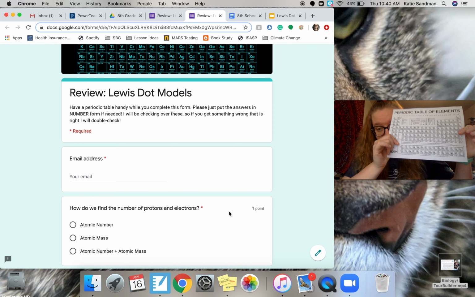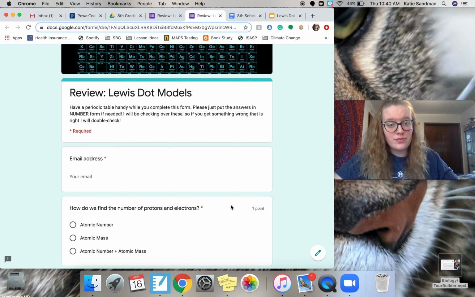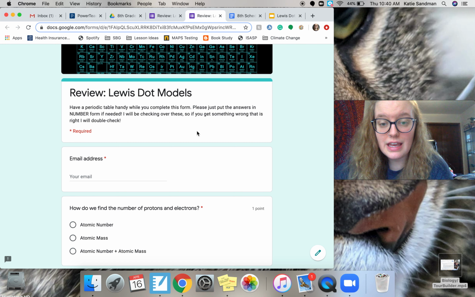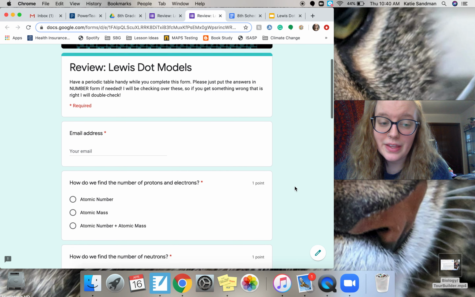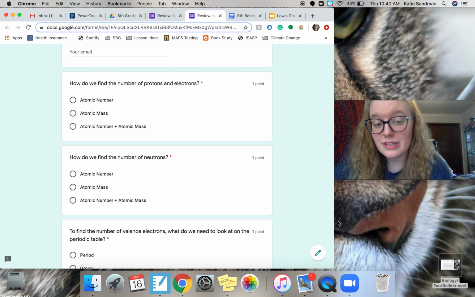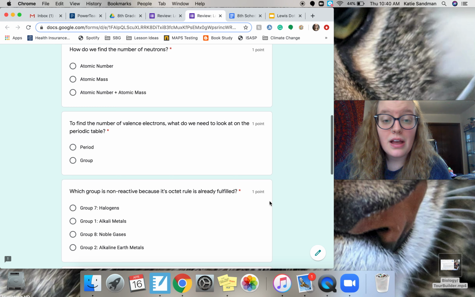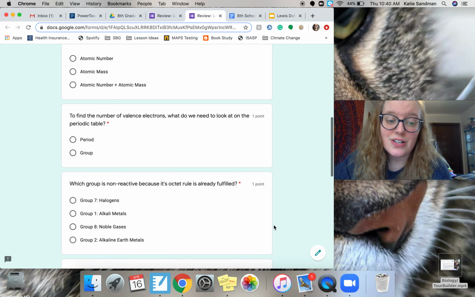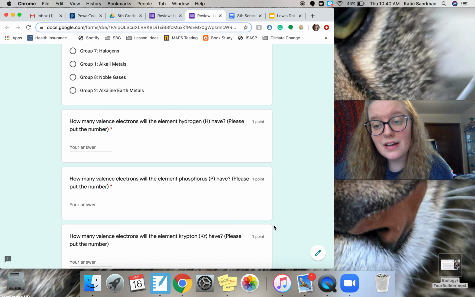Like I said, printed, awesome. If you don't, use the P table that I gave you before, or look one up. Make sure it is the updated version. It's going to ask you some different questions about like how we find the number of protons, electrons, or neutrons, how you are going to find valence electrons, the reactivity of some groups.